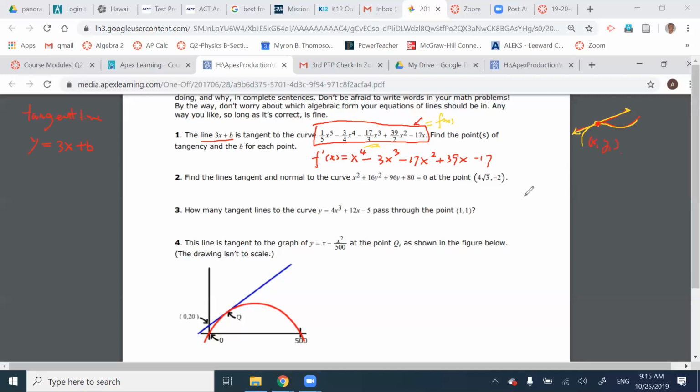They ask you to find the point of tangency. And the derivative at x1, what should it be equal to?